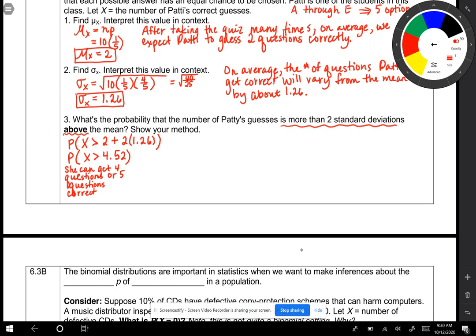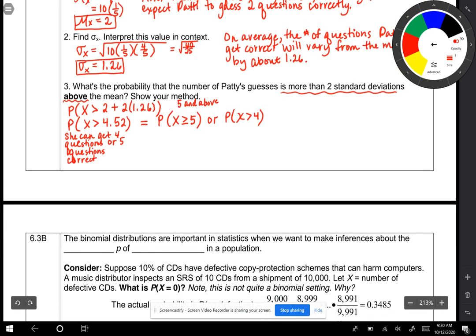And so to do that, in terms of probability, you could do the probability that x is greater than or equal to 5, because there 5 is included, 5 and above. Or you can do the probability that x is greater than 4. That takes care of the 4.52 in there.